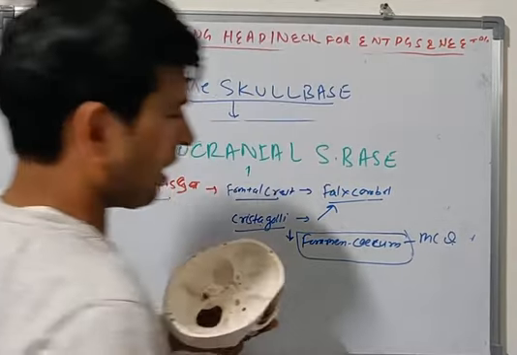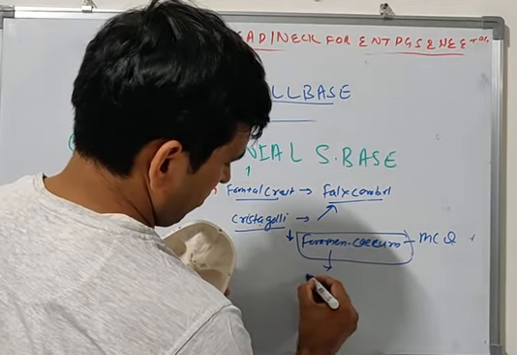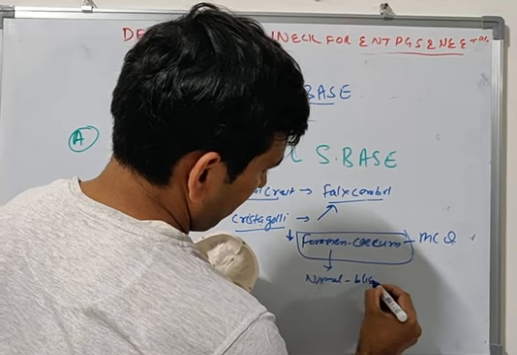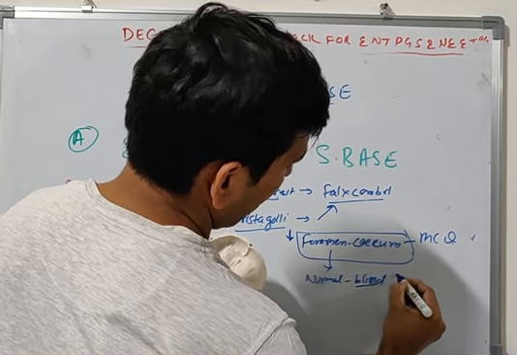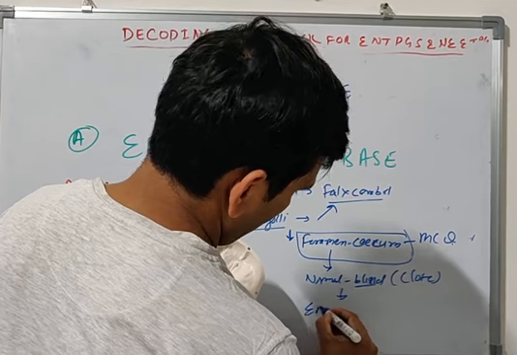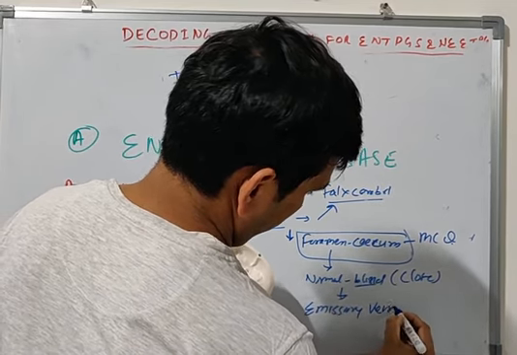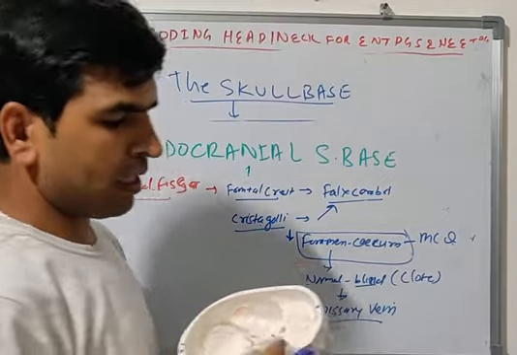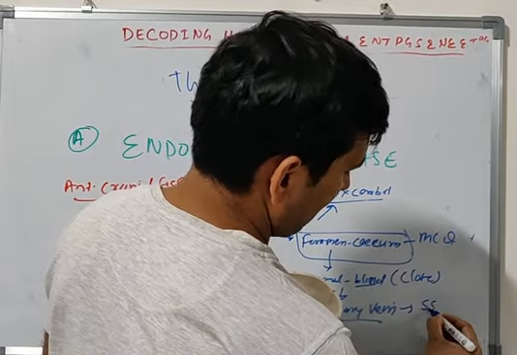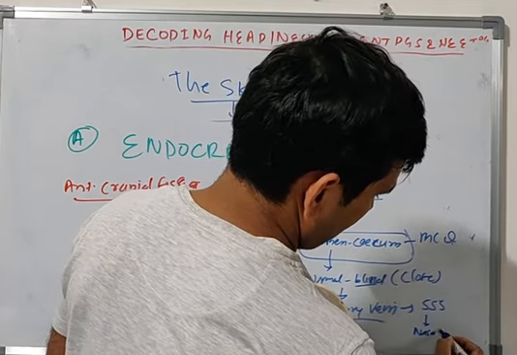MCQ can be asked here. This is normally blind, normally closed. But sometimes we have an emissary vein, which connects the superior sagittal sinus to the nasal veins, the nasal cavity.